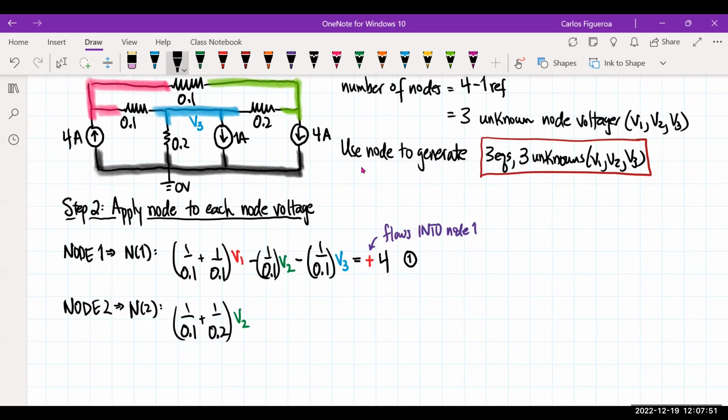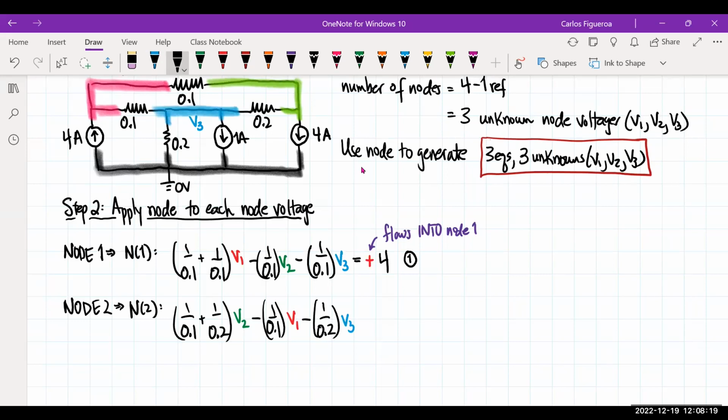Now I subtract the one from the red. If I subtract the one from the red, it's 0.1, and that's connected to node 1. Then I subtract the blue node from there, so I get minus 0.2, and that's the blue node, which is V3. Then I look at the current sources.